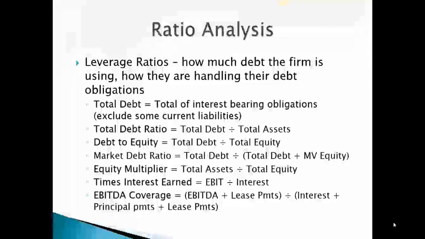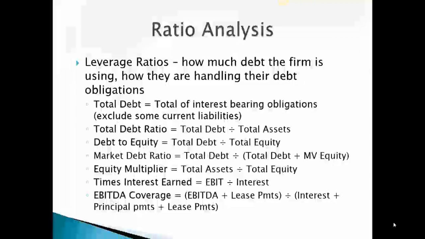The market debt ratio is, again, a similar kind of picture to the first two. It's going to be defined as the total debt divided by the debt and equity, but now it's not the book value of equity, which is what we're using in the debt to equity ratio. That's the equity number we're using there, the book value of equity.